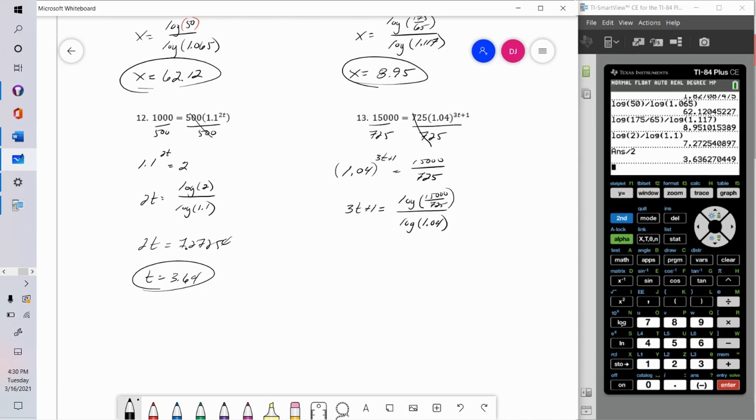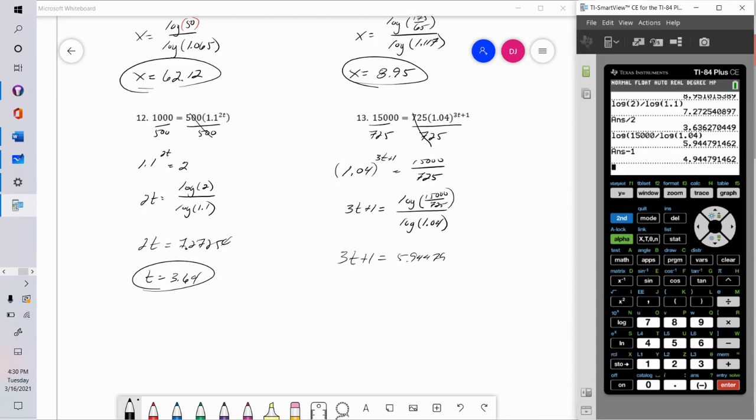Again, I go to my calculator, the log of 15,000 over 725 divided by the log of 1.04. Enter. So that's not t, that's 3t plus 1 equals 5.94479. So I'm going to subtract 1.